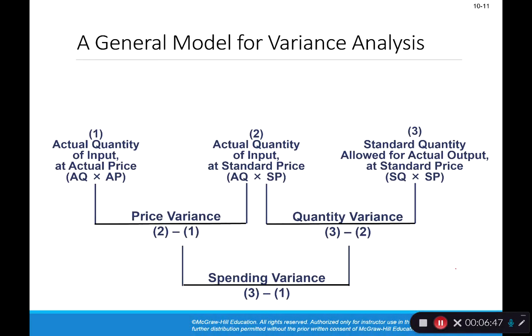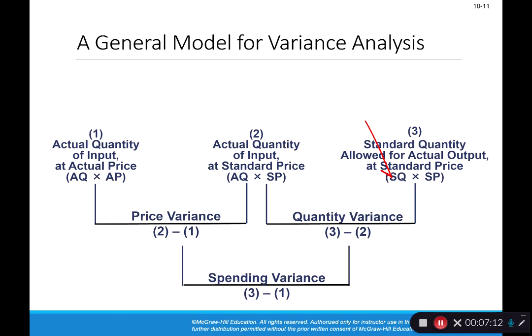And here's exactly how it's going to be done. I'm a big fan of this model. This is what I'll be using to calculate all of our examples. There's also an algebraic model, which I'll show you later, or I might show you now if I get excited. But I want you to understand this. The way it's set up is actual quantity times actual price, actual quantity times standard price, and standard quantity times standard price.